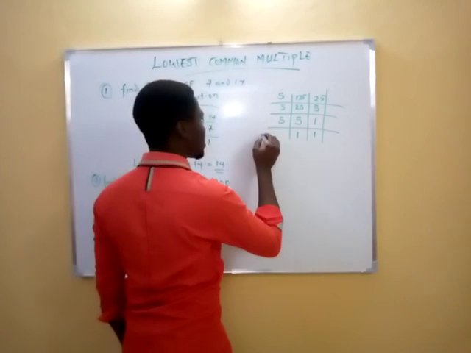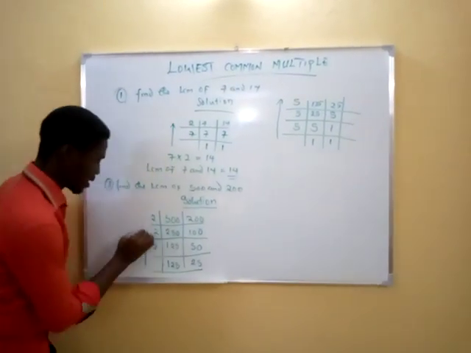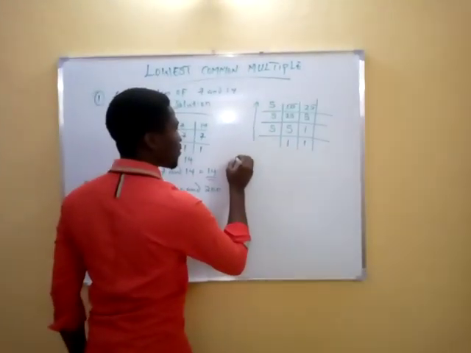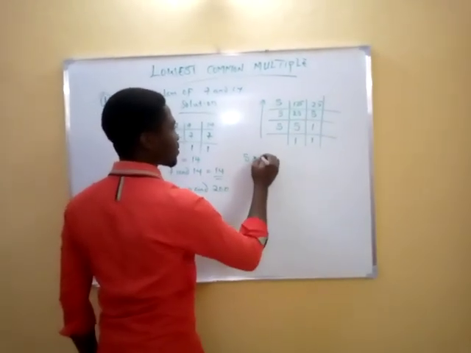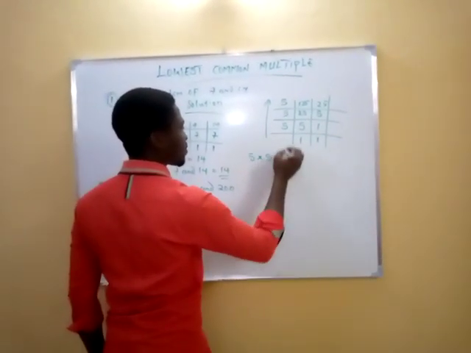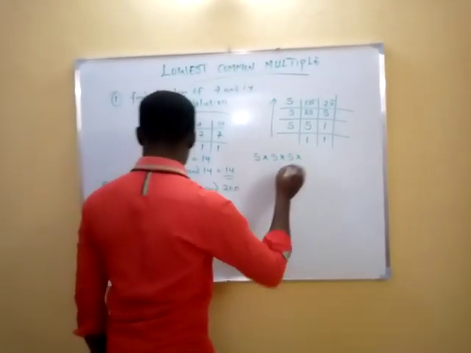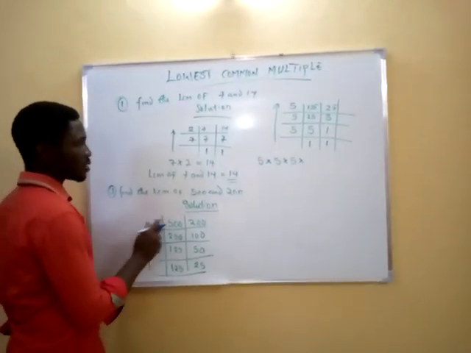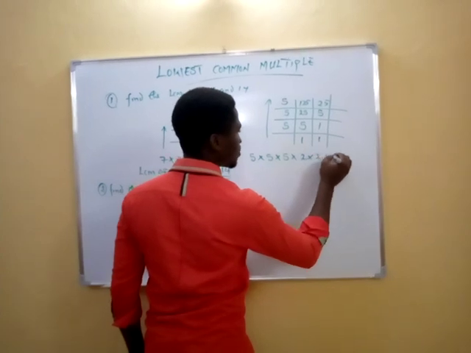Okay, so with this we can now multiply upwards. So we have 5, this 5, times this 5, times this 5, times this 2, this 2, and this 2. So we have times 2 times 2 times 2.